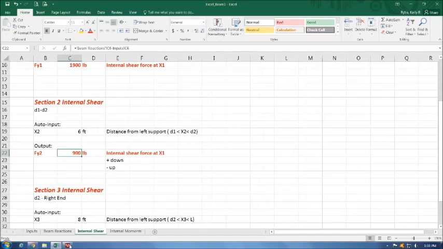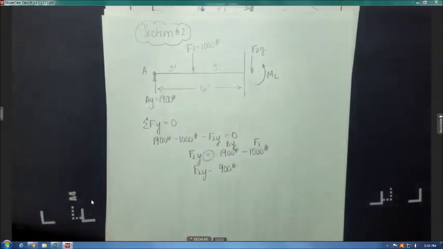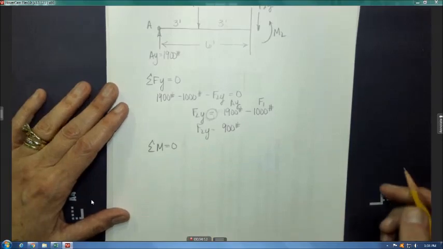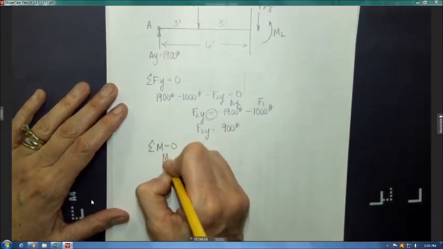Now let's do the moment for that section. I sum my moments equal to 0 here. I'm going to put in my M2.